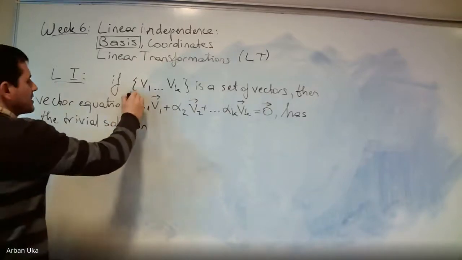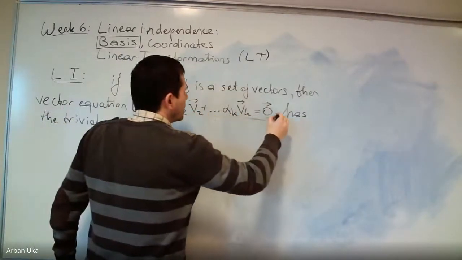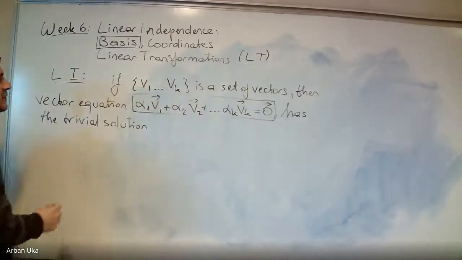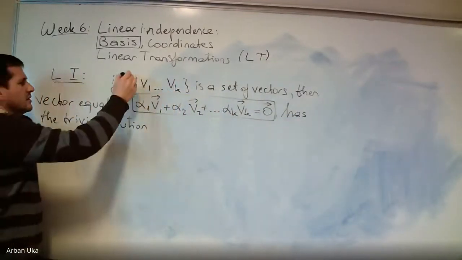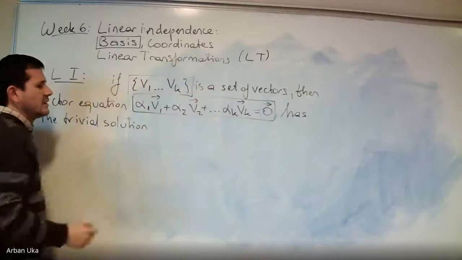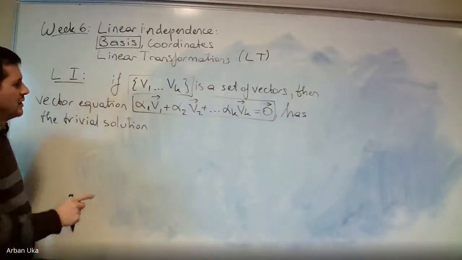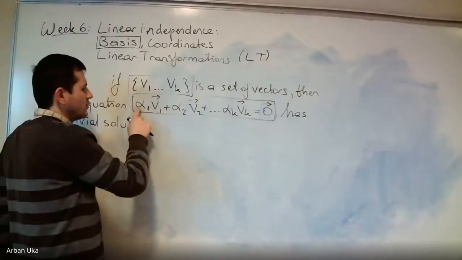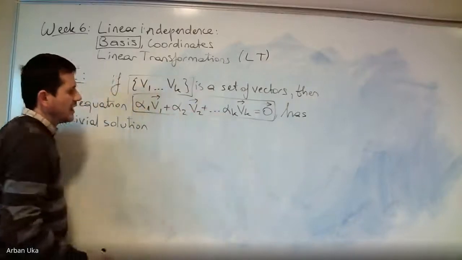So this is our equation, and whenever we talk about a specific equation, we have the vectors which are given, and in this equation the unknowns are these coefficients. So we have to find alpha 1, alpha 2, up to alpha k.